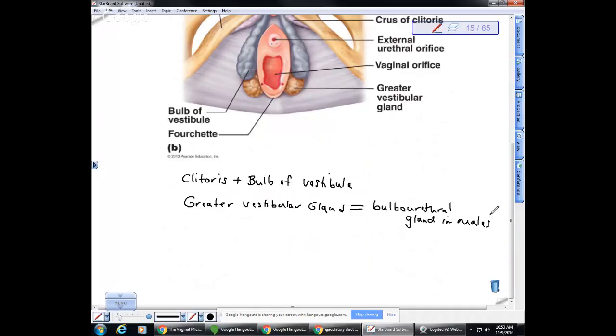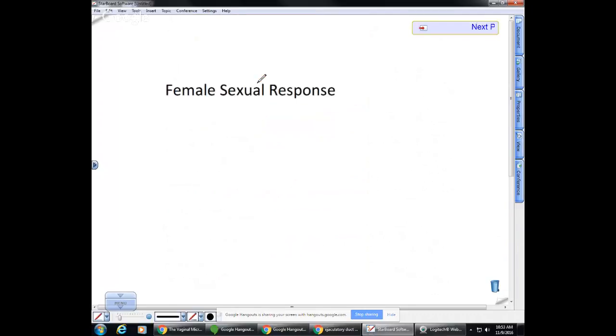So you can see the opening to the vestibular glands. Okay. So if we look at the female sexual response, it's the same as males in terms of the nervous system. So the parasympathetic causes erection of the erectile tissue, blood flows in and that tissue becomes erect.